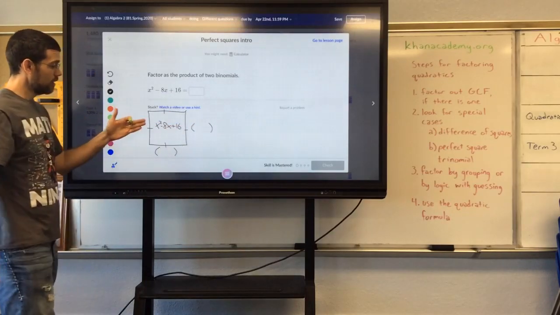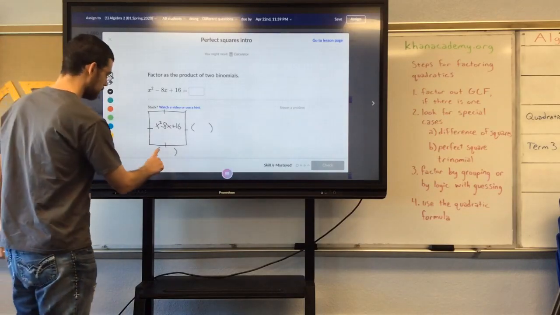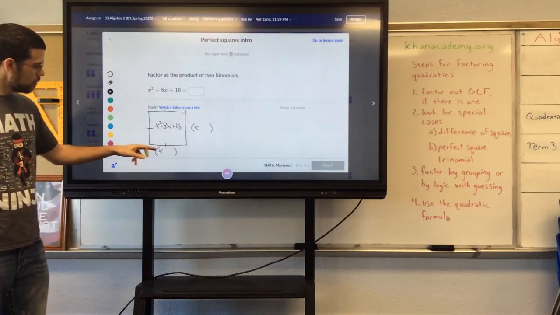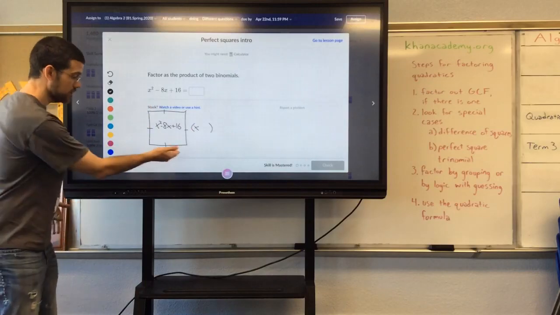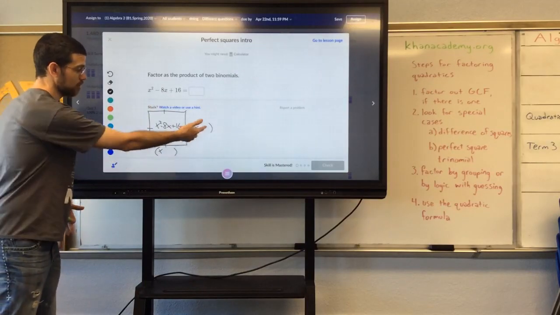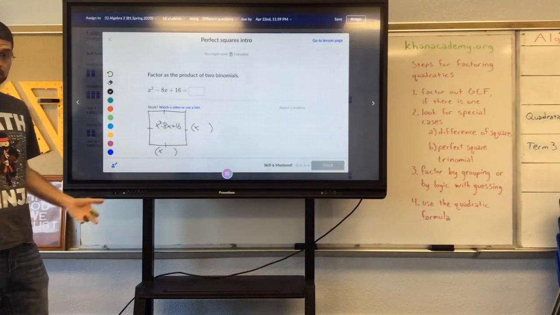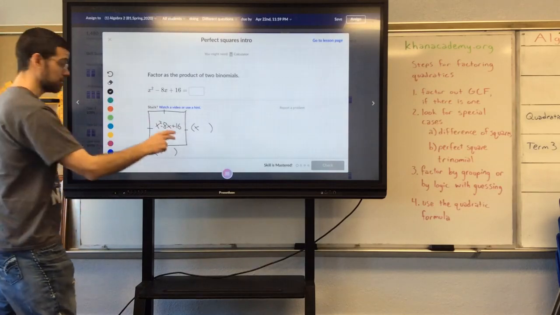Something times itself needs to give us x squared. Well, that would be x times x. And then we're going to have a number here and here, the same number because it's a square, so these are identical terms. That number times itself has to give us 16. You might be saying, well, 4 times 4 is 16. That's true.